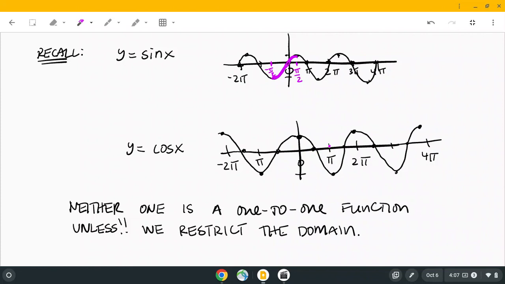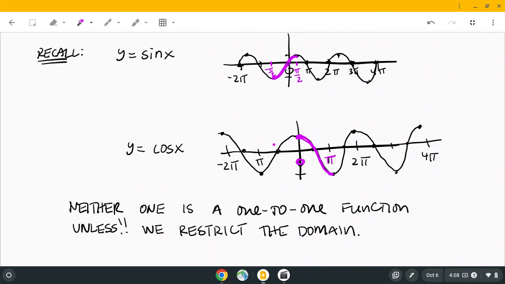And then same thing here with the cosine graph. If we restrict it to just a piece of the graph, they restrict it from here, 0 to pi. We look at here all the way to here, and we see that this part of the graph, if we only focus on that, it too will pass the horizontal line test.